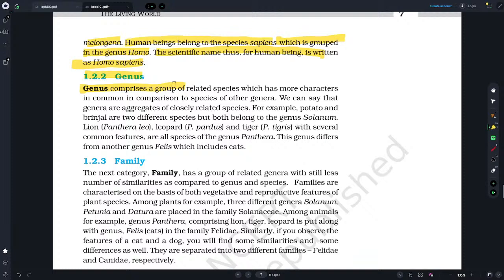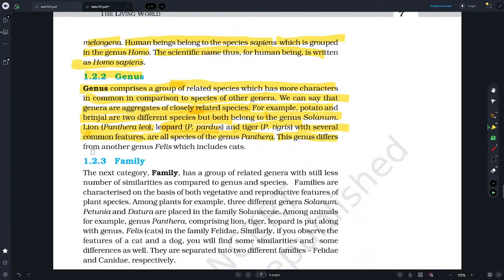Genus comprises a group of related species which has more characters in common in comparison to other species of other genera. We can say that genera are aggregates of closely related species. For example, potato and brinjal are two different species, but of the genus Solanum. Lion, Panthera leo, leopard, Panthera pardus, and tiger, Panthera tigris, with several common features, are all species of the genus Panthera.